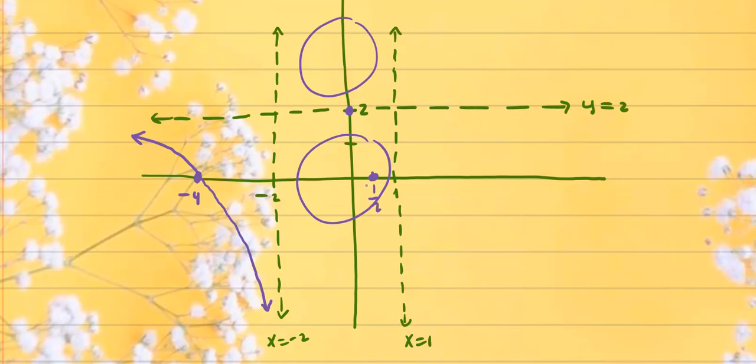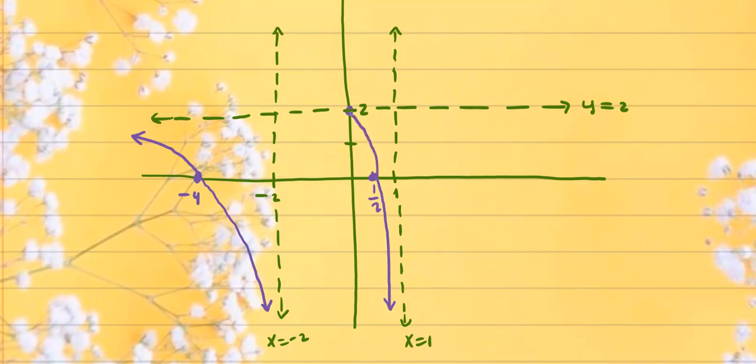Now, for the middle segment, it could be here or here. But of course, because there is an intercept, we must pass through the intercept. So we know the graph has to be passing through this point. It's going to get closer to the asymptote. And then here it's going to catch up with the other intercept. Now you have an option. You can either go down or you can continue to go up. We're going to continue to go up, not this one, because there is no other intercept.